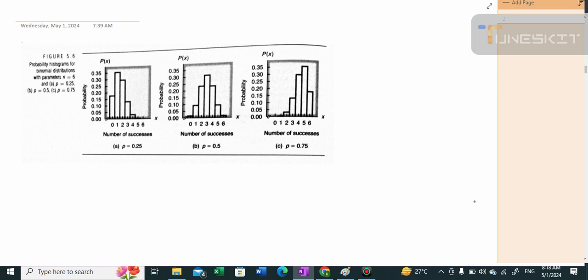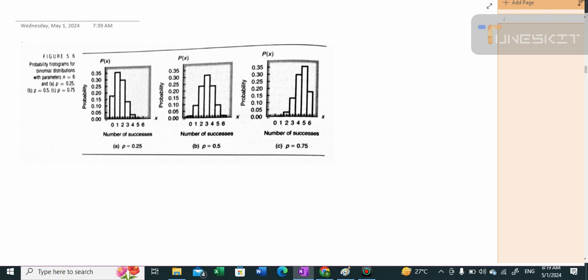So in this example, n has the value 6, and they have considered three different probabilities. We have just seen that if the probability is 0.8, then we observe the binomial distribution to be negatively skewed. When the probability of success is given as 0.5 and we draw the histogram for n equals 6, this is how it behaves.